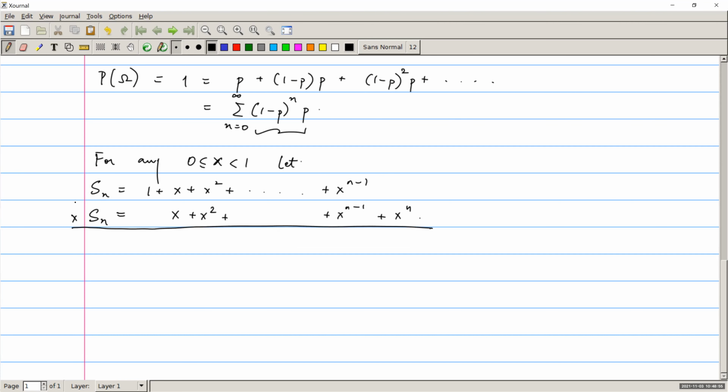So what do I get on the left side when I subtract x times Sn from Sn? Right, so I get (1 minus x) times Sn. On the right, what do I get? 1 minus x to the n. Right, so when I subtract on the right, I only get 1 minus x to the n. Everything else cancels.